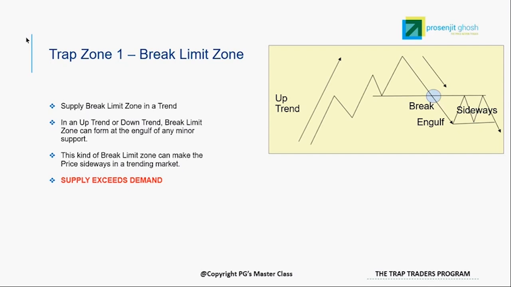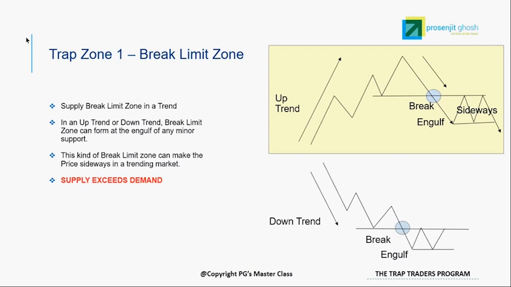The same thing can happen in a downtrend. So in a downtrend, price is going down, there are a lot of sell orders, I know supply exceeds demand, and that is the reason every support breaks in a downtrend. So whenever a support breaks, it tells me that supply exceeds demand, and if a base drop gets created at this place, I know after the engulf there is a break limit zone and I can take a short trade there.